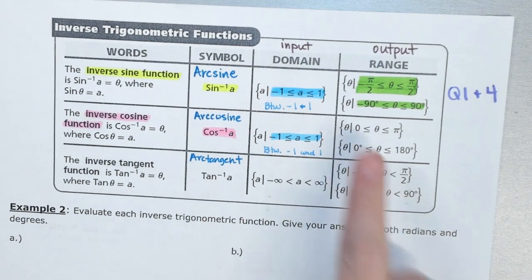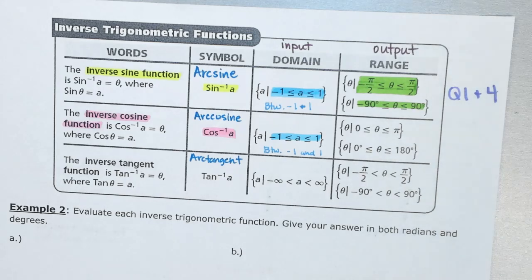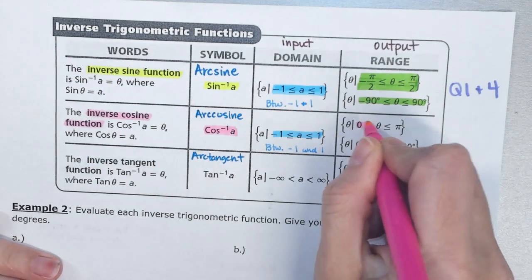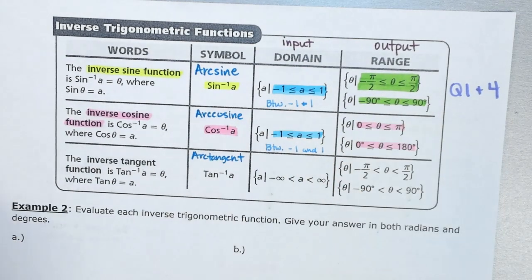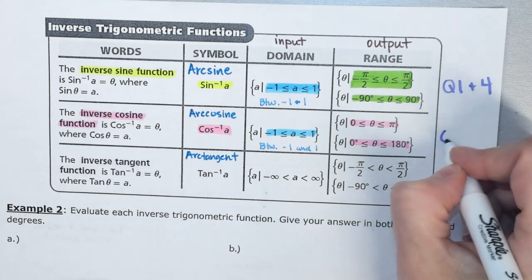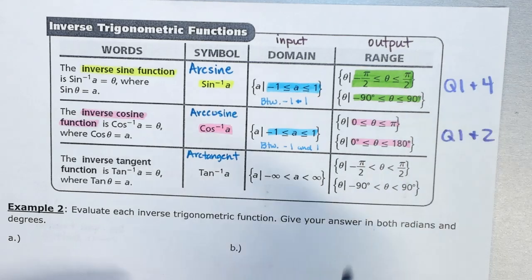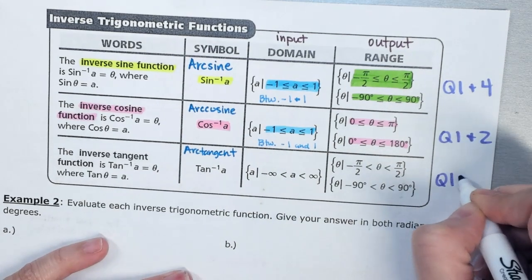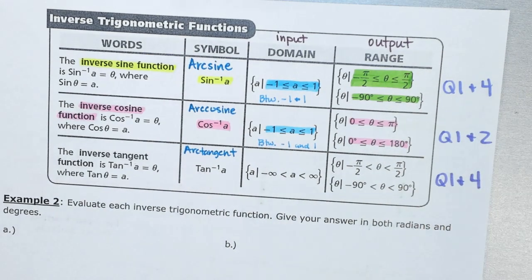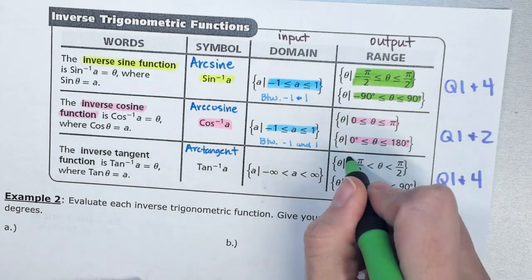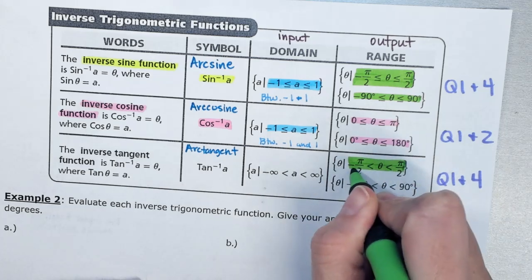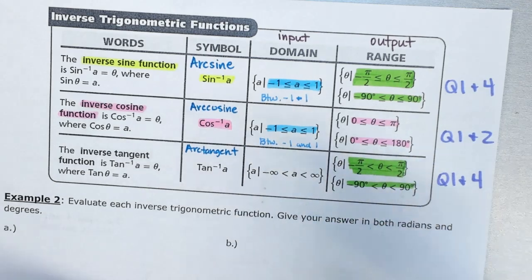Okay, for the cosine, it has to be between 0 and pi. Again, 0 to pi, 0 to 180, we know that's quadrant 1 and 2. And then for tangent, it's quadrant 1 and 4 again. That's your output. Negative pi over 2 to pi over 2, negative 90 to 90.